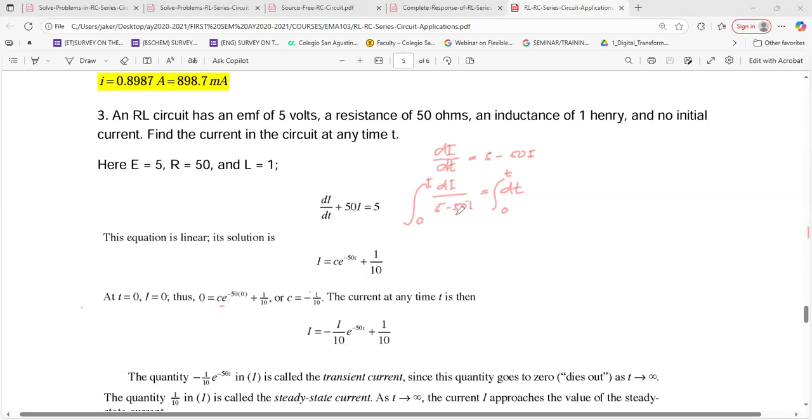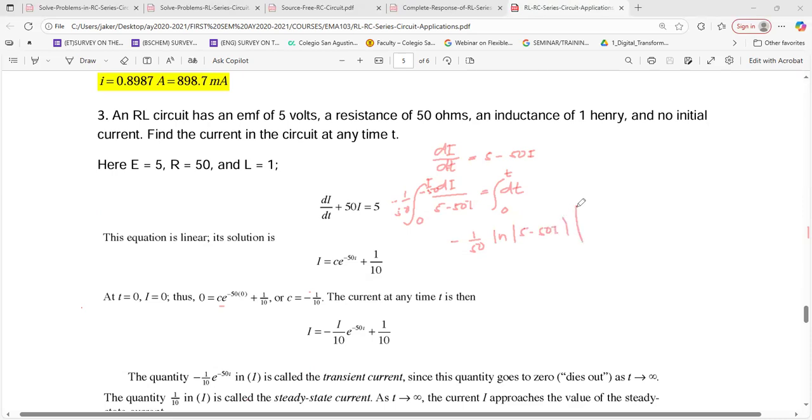So if you integrate this side, your answer is an ln, provided that you place here a negative 50 and you have a negative 1 over 50 here. Because you will have an ln if it's negative 50 di on top, the derivative of the u in the denominator. So this will give you a negative 1 over 50 ln of 5 minus 50I.